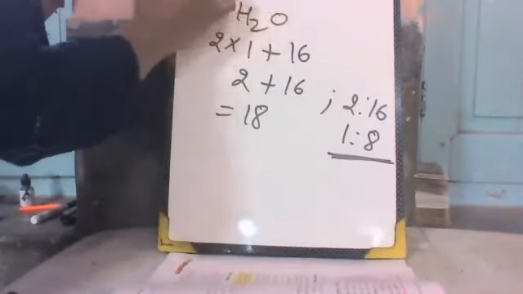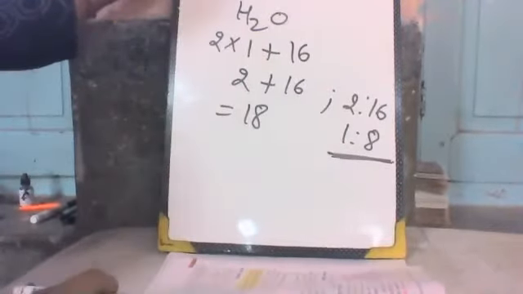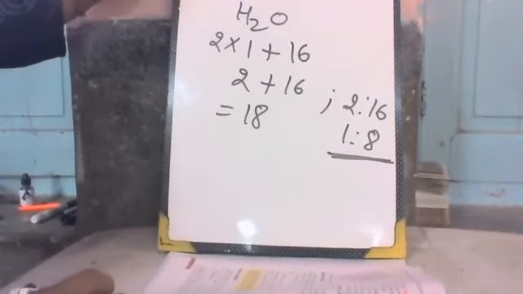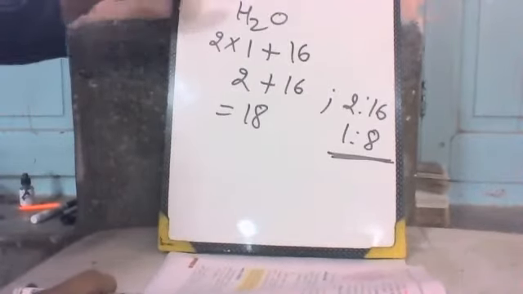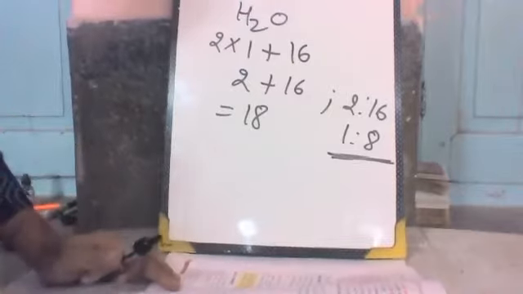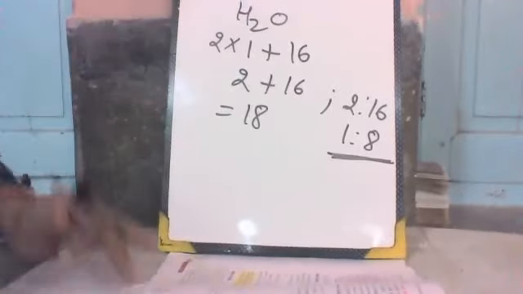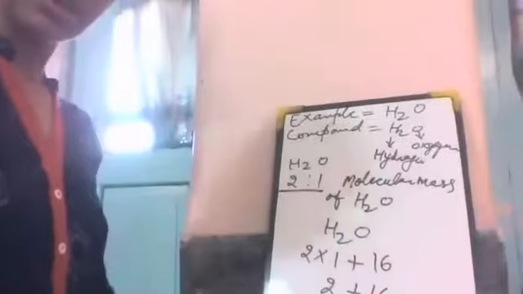But the ratio of the number of atoms present in water is 2:1. Is it clear? Any doubt? Do you want to ask anything?